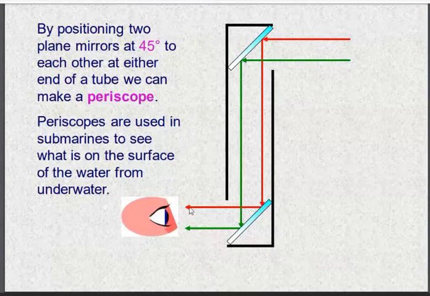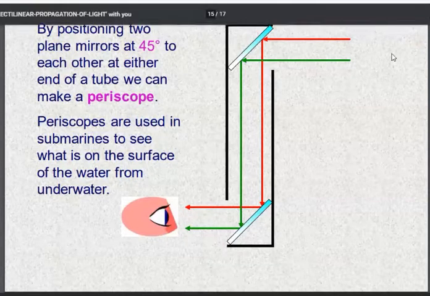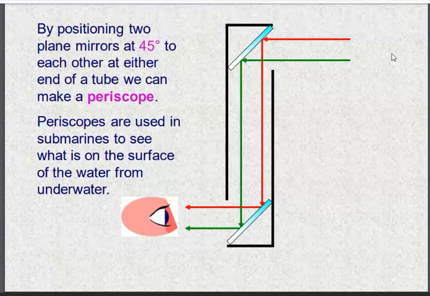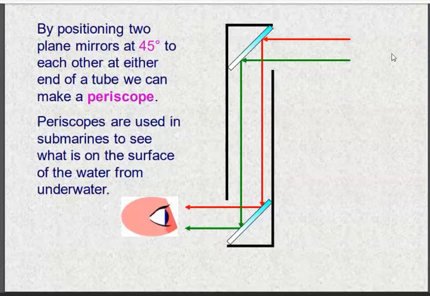It is clear that a person who puts his or her eye here will be able to see the object which is above the walls or outside the opaque object. In a submarine, one can see the outside surroundings while being submerged in water with the help of this device.